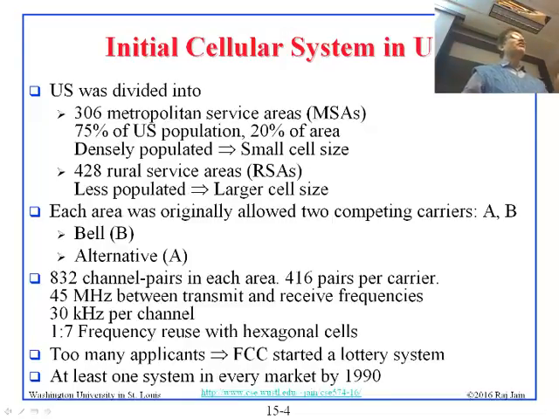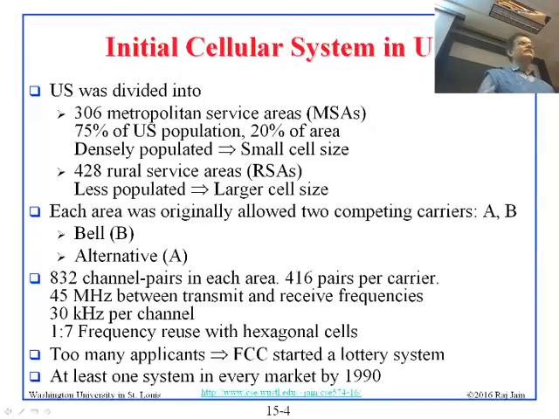And then they said, we won't give it to one company. In every area, we will give 2 carriers, A and B carriers. Okay? Incidentally, B stood for a bell. Okay, A and B, not A, B, C, D. B stood for a bell and A stood for alternate. Alright, so in every area there will be competition.